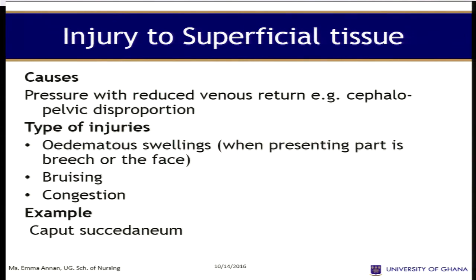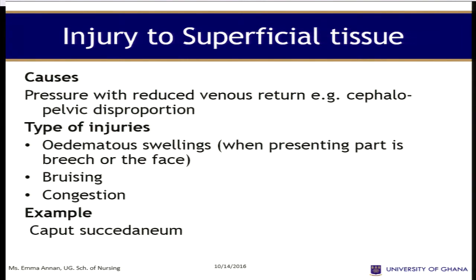An example is cephalopelvic disproportion. Types of injuries that we usually see are edematous swelling, usually when the baby is presenting with the face or the buttocks. We also see bruises, and we also see congestion. And then a typical example that we see on the ward is Caput Succedaneum.